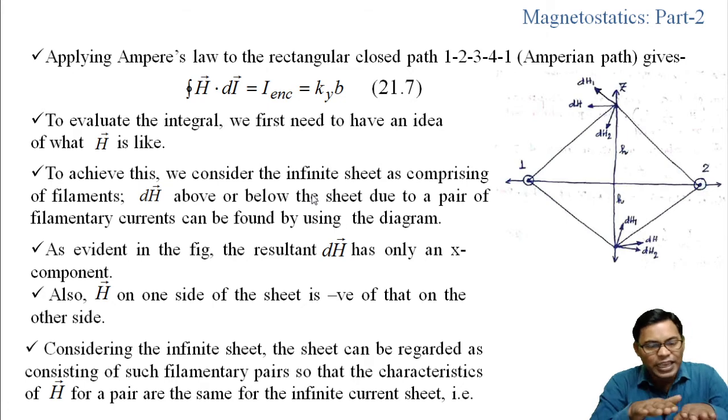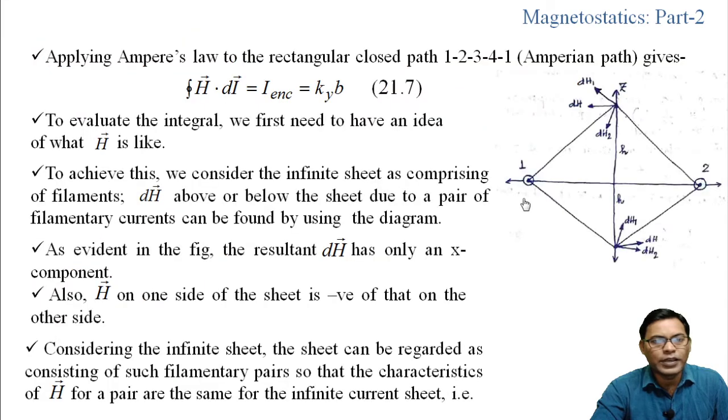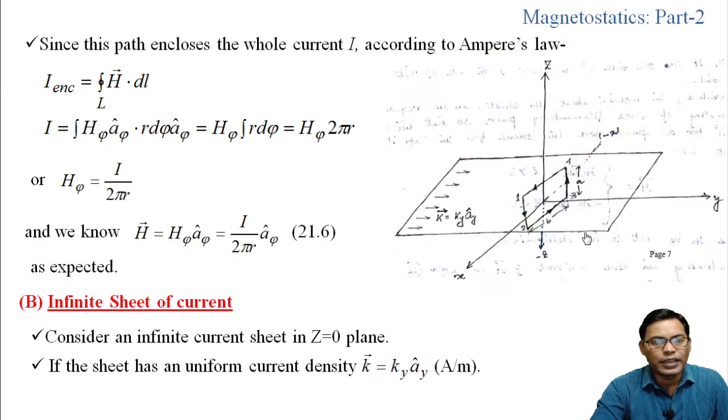That means the infinite sheet is divided into pieces, small lines. If we divide this, then we will get n number of strips from this infinite sheet of current.